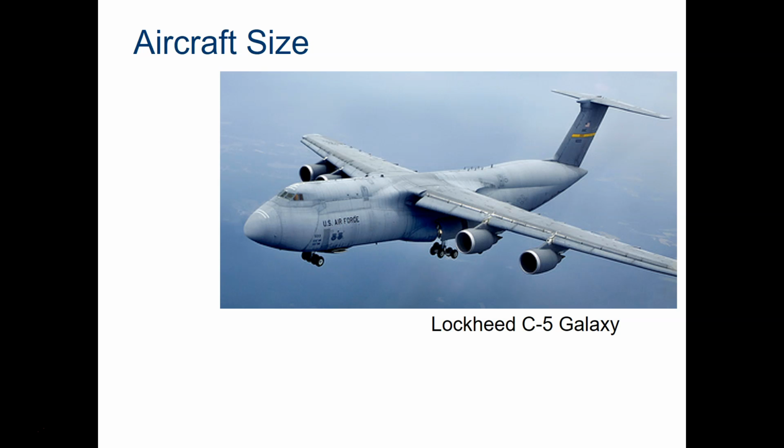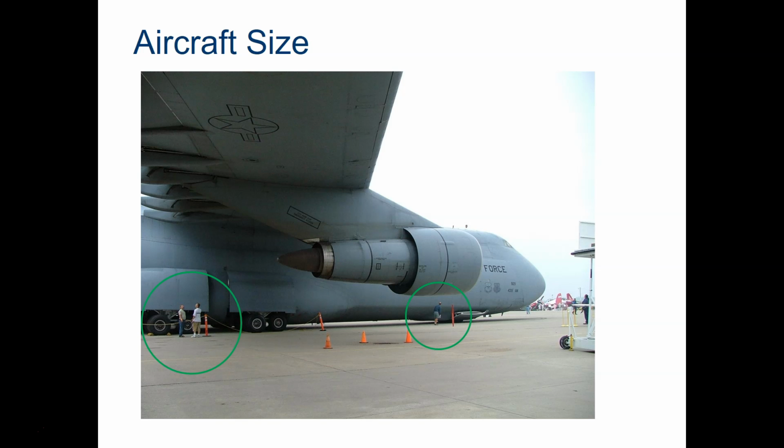The people shown in the image demonstrate the scale of this aircraft. Look at how they are just slightly larger than the multiple wheels of the main gear. This aircraft is used for transporting other types of vehicles. It's also used for transporting troops and other cargo that can be dropped from various altitudes.